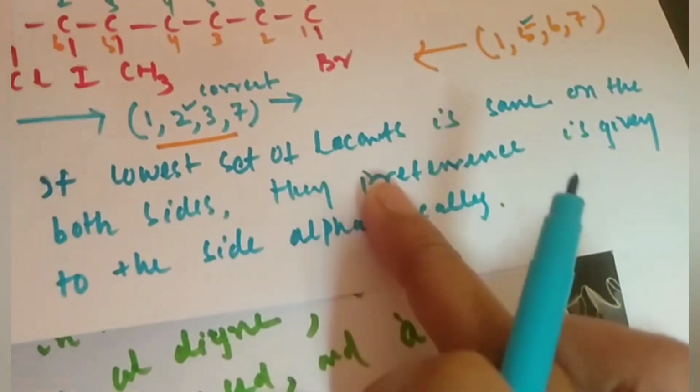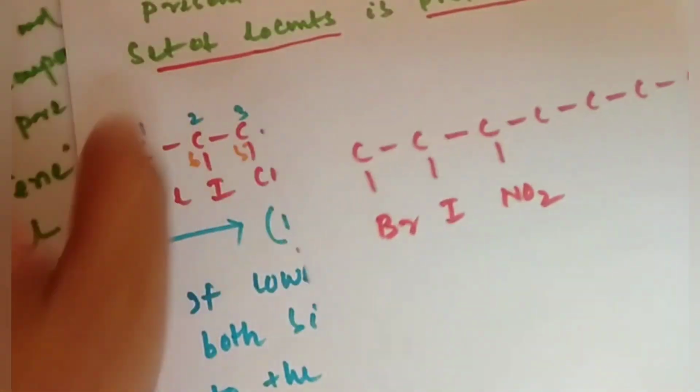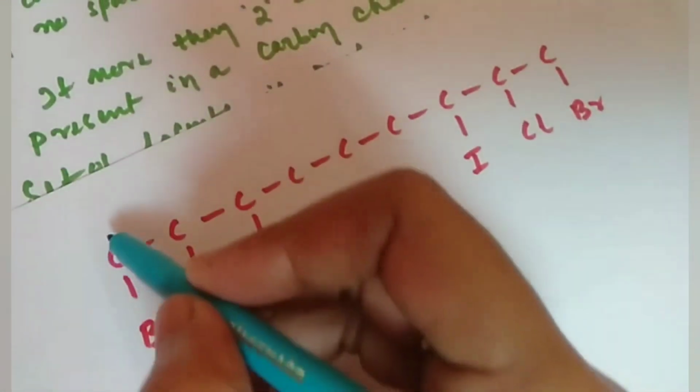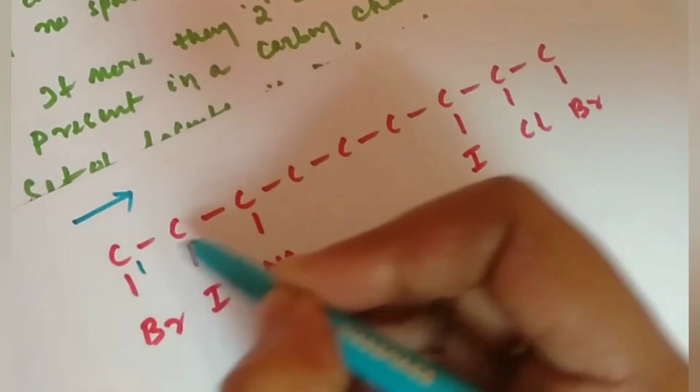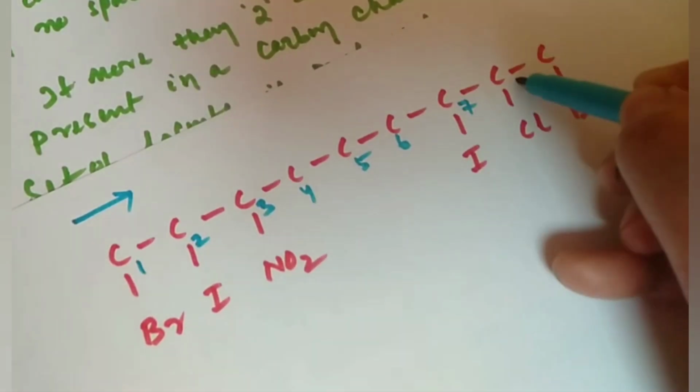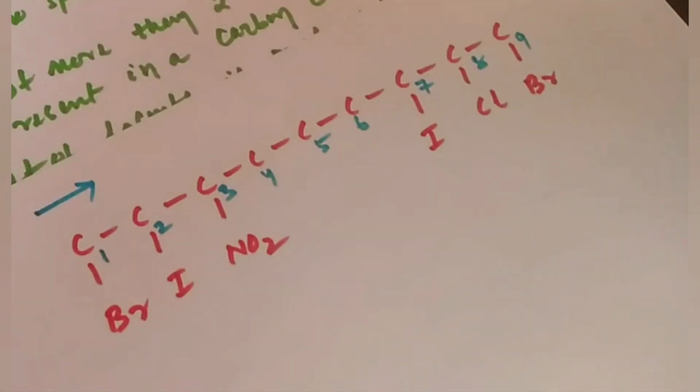Now listen, to explain this rule we have to take one example. See here, in this compound, first of all, if we start from left to right, this is 1 2 3 4 5 6 7 8 9 carbon atoms, okay.